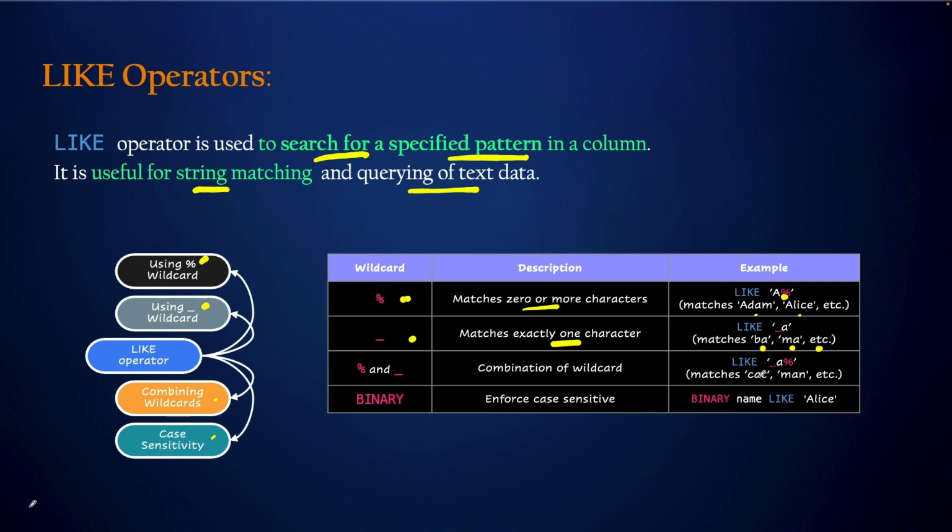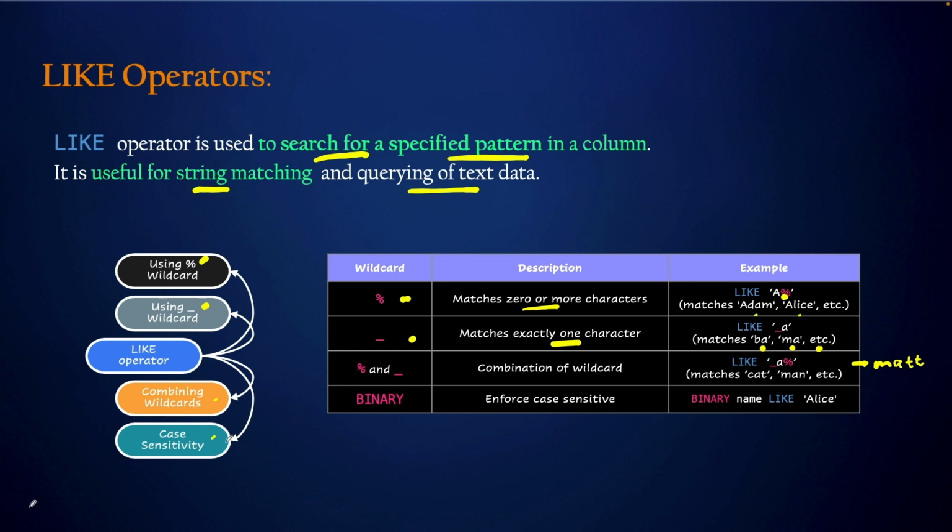So the matches can be cat, man, or let's say mat. You can have anything because this represents one or more characters, right? Only what matters is the first can be anything, the second needs to be A, and this represents one or more characters.